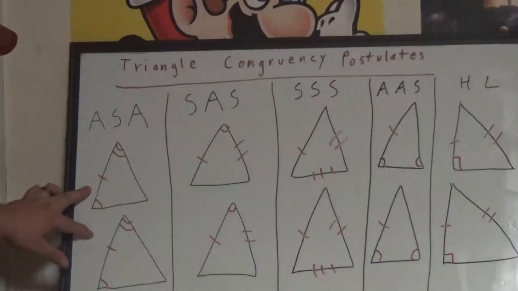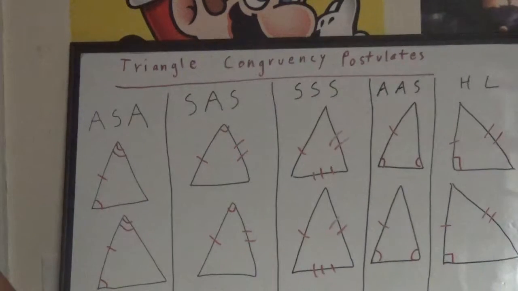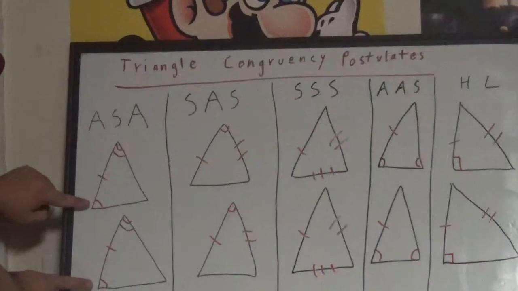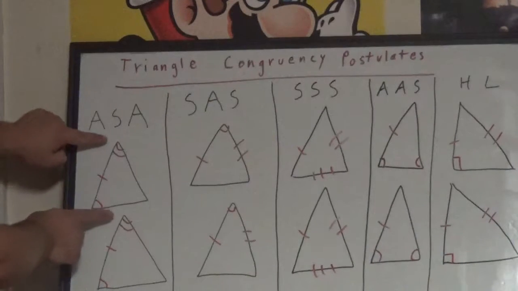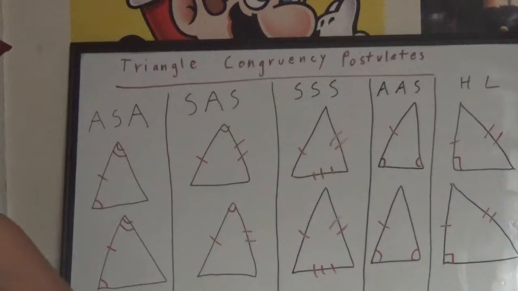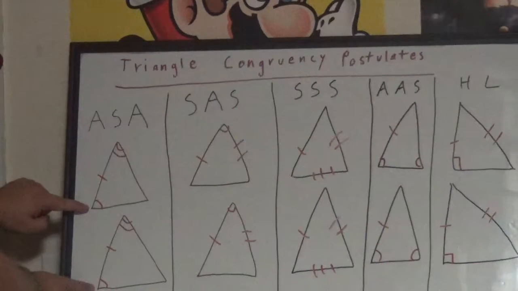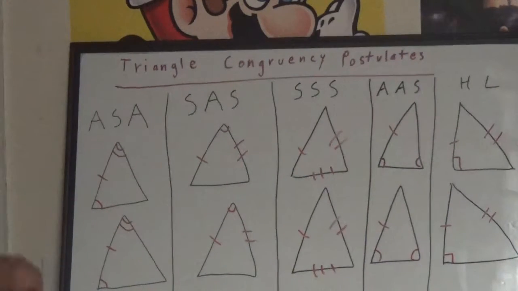And here I have two triangles which are congruent, meaning that they're the same size and shape. In this case they are congruent because they have an angle, a side, and an angle which are congruent. So these two angles are congruent. They're marked with one mark on them to show that each one is the same.